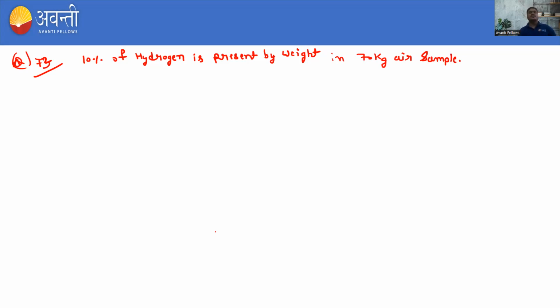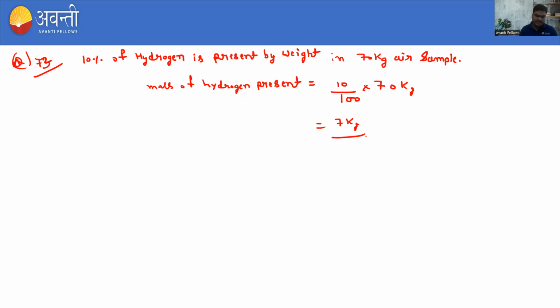So if you calculate the mass of hydrogen present, it is nothing but 10 divided by 100 into 70 kilogram. So that comes out to be 7 kilogram. So the mass of hydrogen present is 7 kilogram.